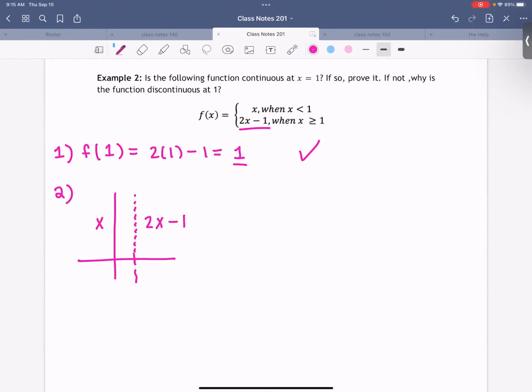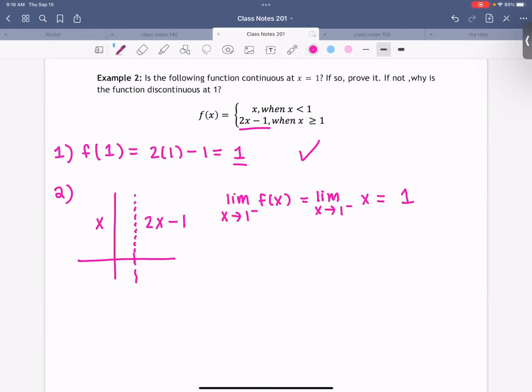Okay. Let's do the limit from the left. The limit as x approaches 1 from the left of our function. Well, let's see which value that would be. Am I going to focus on x or 2x minus 1? Going from the left, x, good. And what's that limit? 1, good.